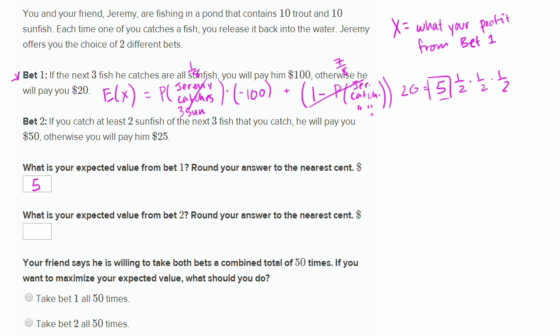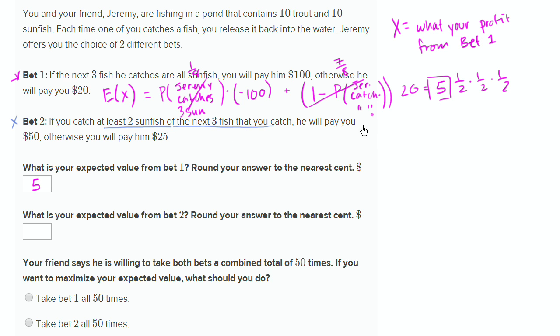Now let's think about bet 2. If you catch at least 2 sunfish of the next 3 fish you catch, he will pay you $50. Otherwise, you will pay him $25. So let's think about the probability of catching at least 2 sunfish of the next 3 fish that you catch. There's a bunch of ways to think about this, but since there are only 3 times that you're trying to catch a fish, and only one of 2 outcomes each time, you could actually write all the possible outcomes.